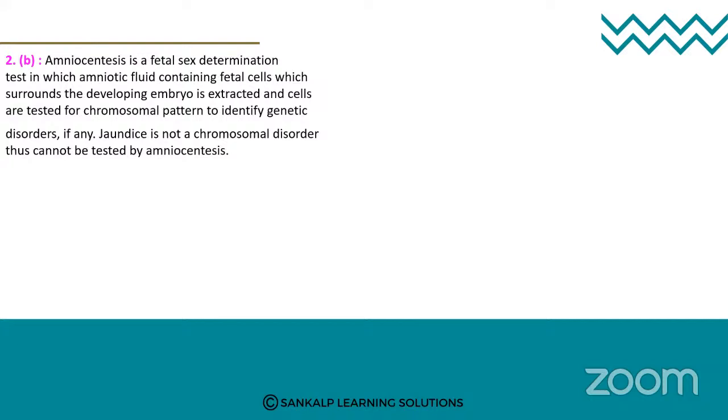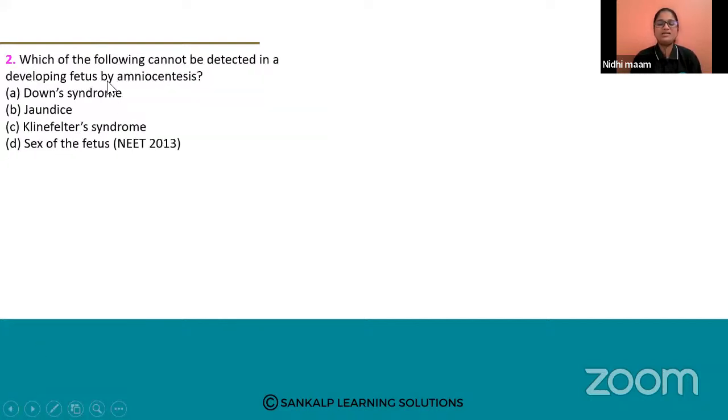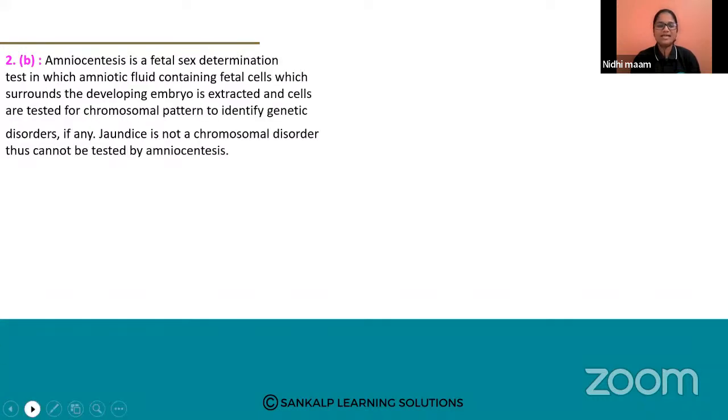Jaundice is not a chromosomal disorder, thus cannot be tested by amniocentesis. Thank you so much. All the options, Down syndrome, Klinefelter syndrome, sex of the fetus, are directly or indirectly related to the chromosomes, which can be detected by amniocentesis. But jaundice is a totally different disease which cannot be detected through amniocentesis.